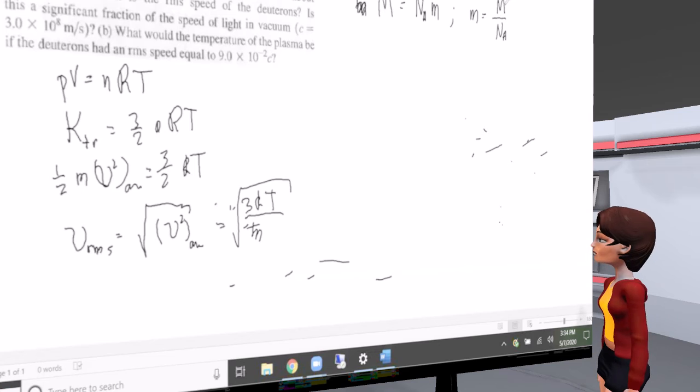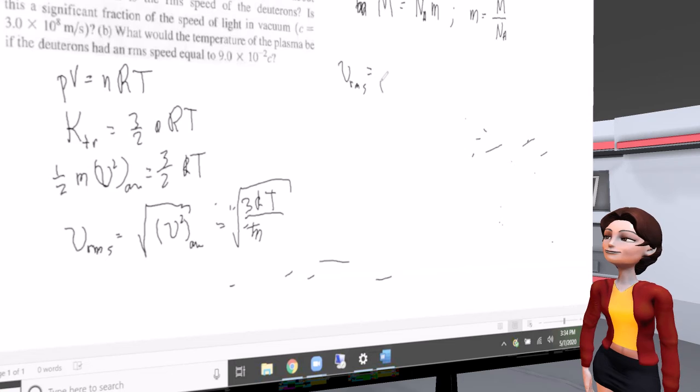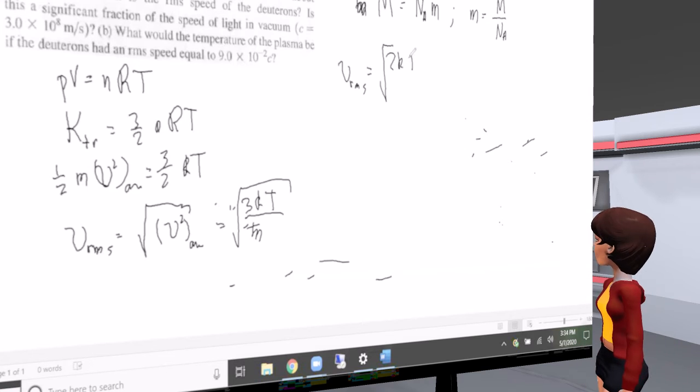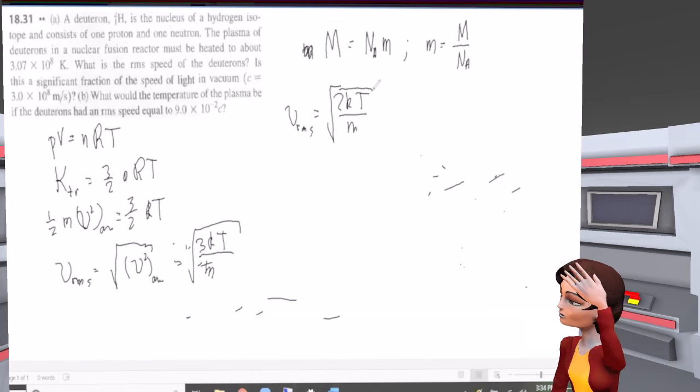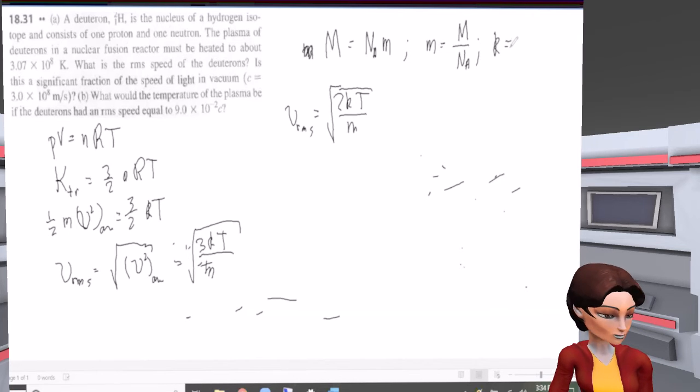So let's just solve then for the root mean square, 3kT. Yeah, that's the other thing I wanted to say, that the Boltzmann constant, to save us a little algebra here, is the gas constant divided by Avogadro's number. So the Avogadro's numbers will cancel out. What is that?